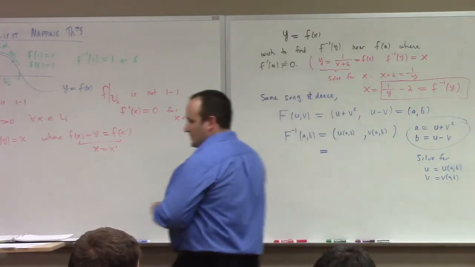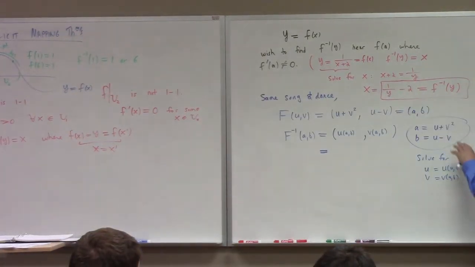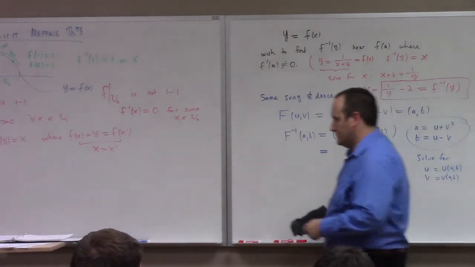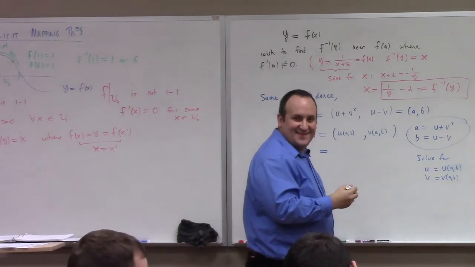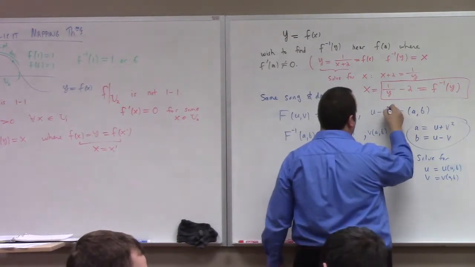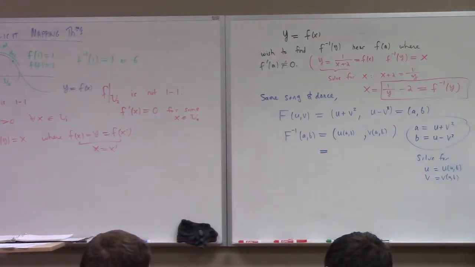Curses. Yeah, solve this equation for u and v. Isolate u and v. If it was v squared, I think it might be better with the square. Yeah, v squared. All right, we're back to the square. Let's see here. I'm going to regret doing this. Oh well, we're too far down. It's too far gone. We gotta keep with it.